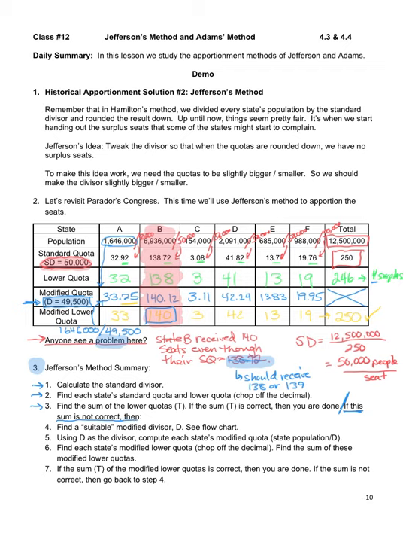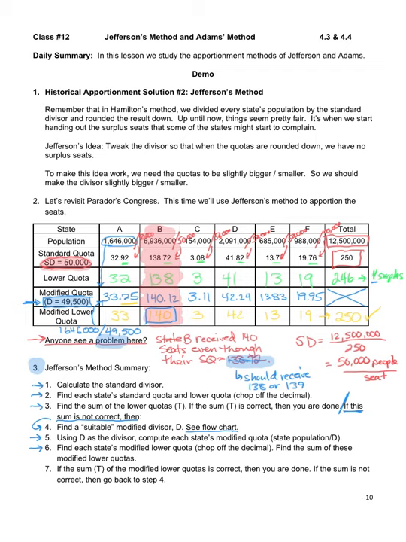If this sum is not correct, you move down to step 4, and you find a suitable modified divisor D. So you find one that works. There's a flow chart on the next page we'll take a look at to help us narrow down what that modified divisor would be. Once you find a suitable divisor, you compute each state's modified quota, your state's population divided by this new divisor. Then you find the state's modified lower quota.